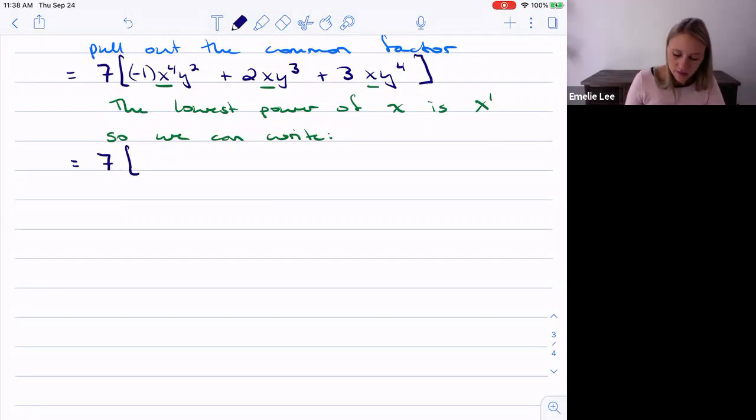What I'm going to do is stop writing -1 out here as the coefficient and just have negative. But I've got negative, no, maybe I will do -1 times x to the power of 3.